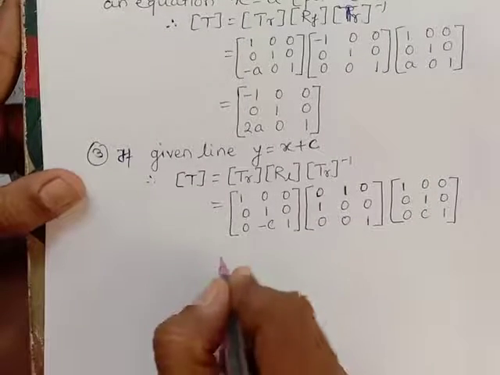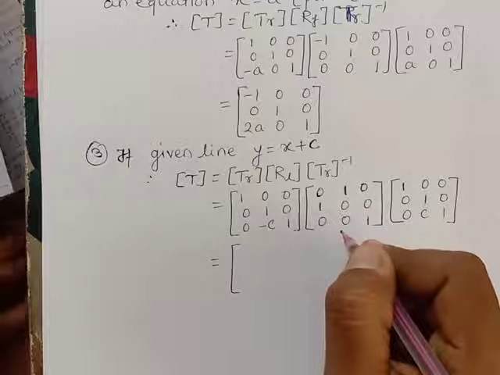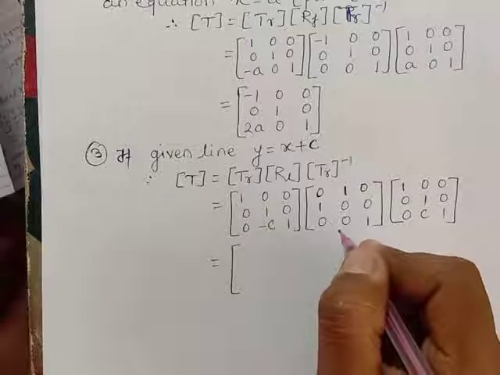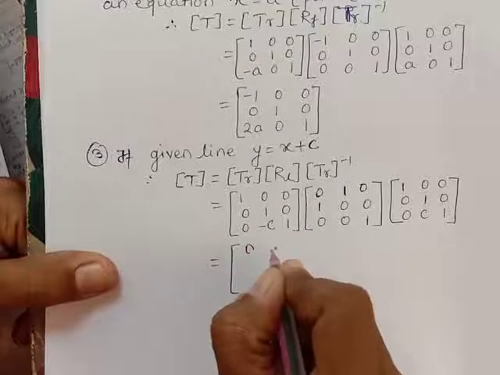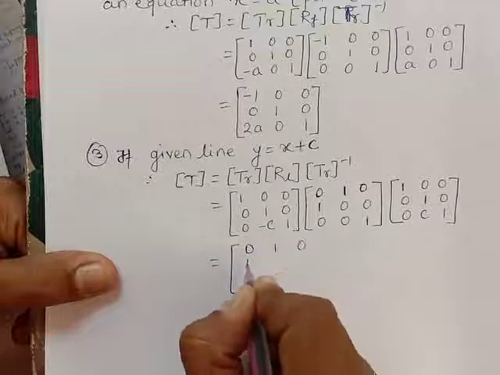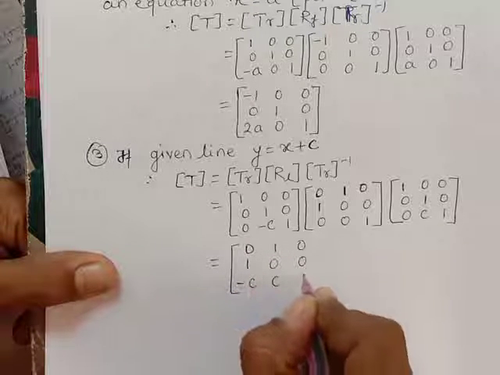So here this reflection will be through y equal to x, that's why the matrix will be 0 1 0, 1 0 0, minus c c 1.